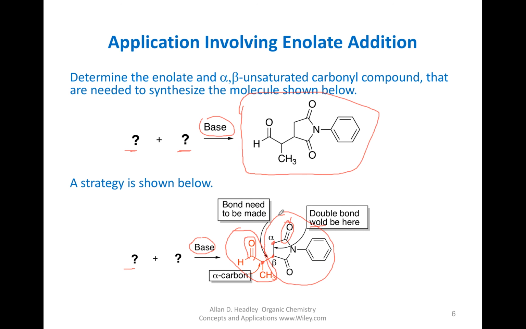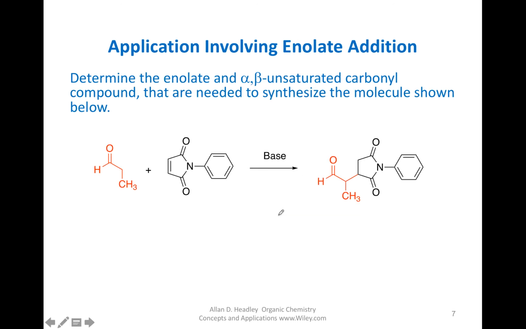Let's see how we can put this all together. So if you had this as your ketone, and here is the carbonyl, here's the alpha carbon, which has two hydrogens. Notice this hydrogen is not an alpha hydrogen because it is not bonded to a carbon that is an alpha carbon.